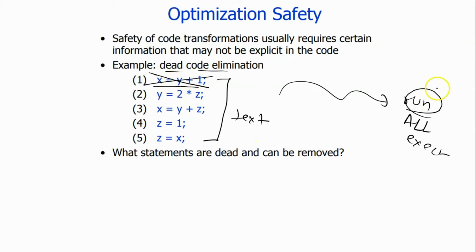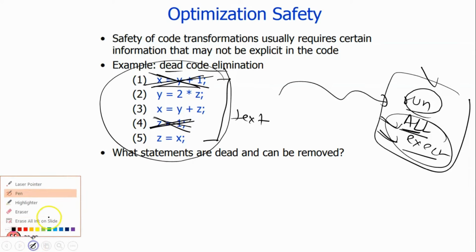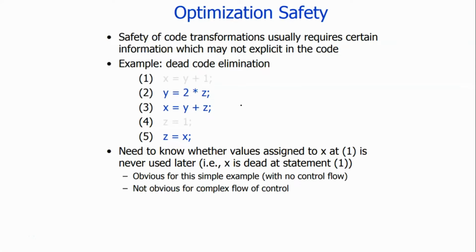We are not actually running the program, but we are making sure that considering all possible executions, this code can be eliminated. Similarly, this code can be eliminated, because however you execute the program, in all possible ways, this instruction is useless. So anyway, this is our dead code elimination.